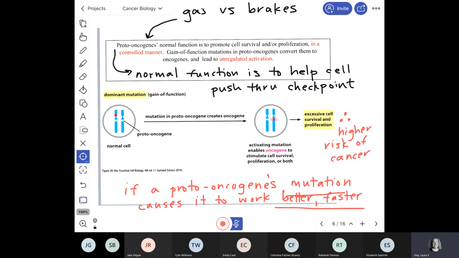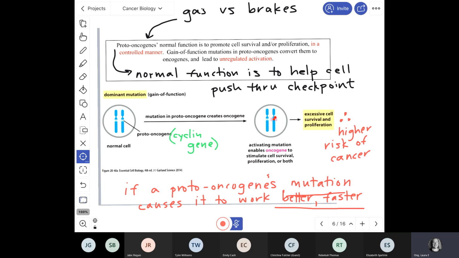We have two copies of whatever this proto-oncogene is. An example could be a cyclin. Let's assume that's a cyclin gene, and we've got two copies of the cyclin gene in a normal cell.